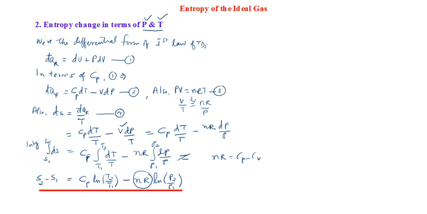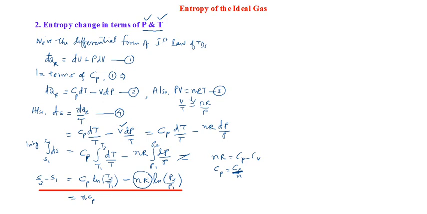You can write small cp, where small cp is equal to capital Cp divided by N. So when you are replacing capital Cp, you can write it as small n into small cp.